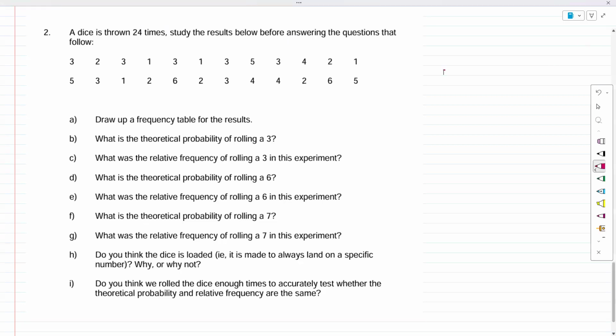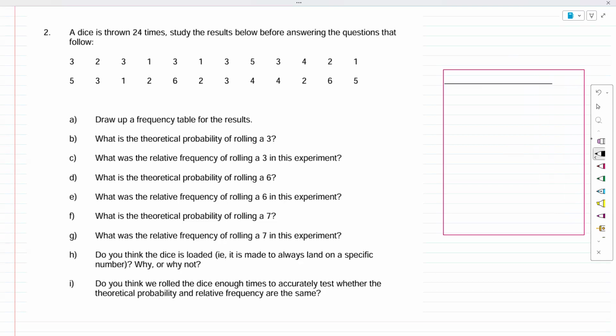You can draw a tally table, you can draw a frequency table, whatever works for you. Tallies should be taught in stats, but if you guys don't know, we'll cover it at a later point. This is the dice, and this is the frequency.